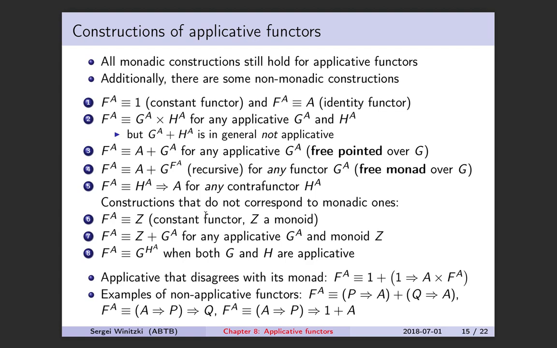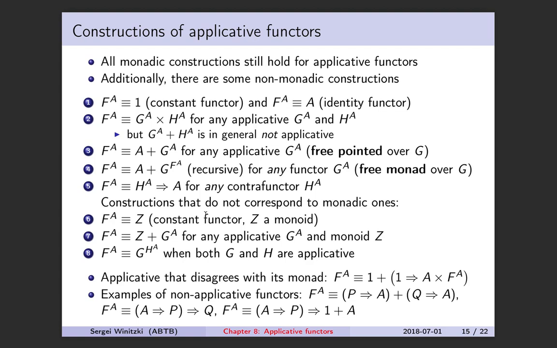Well, this is typically a situation when you have a functor that has a monad instance and also it has an applicative instance. And sometimes you would like the applicative instance to do something different than what a monad's definition would do.